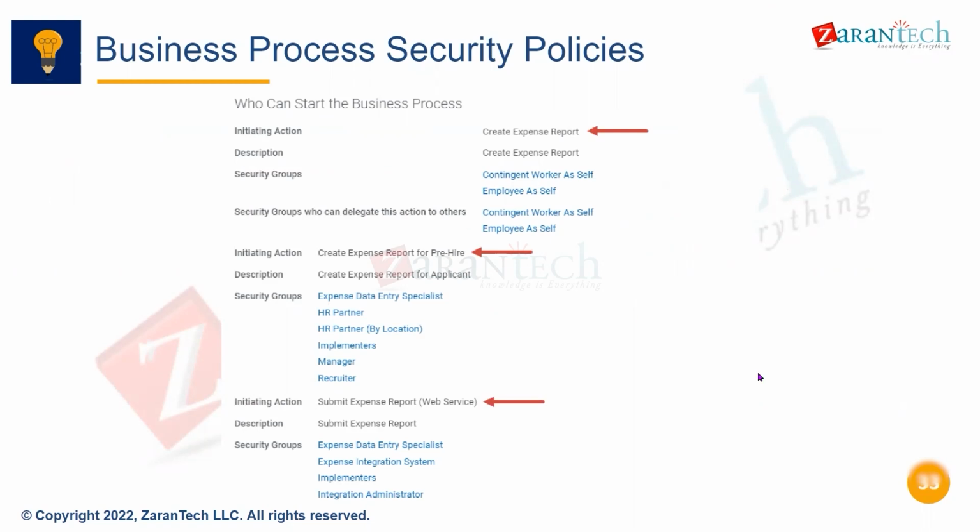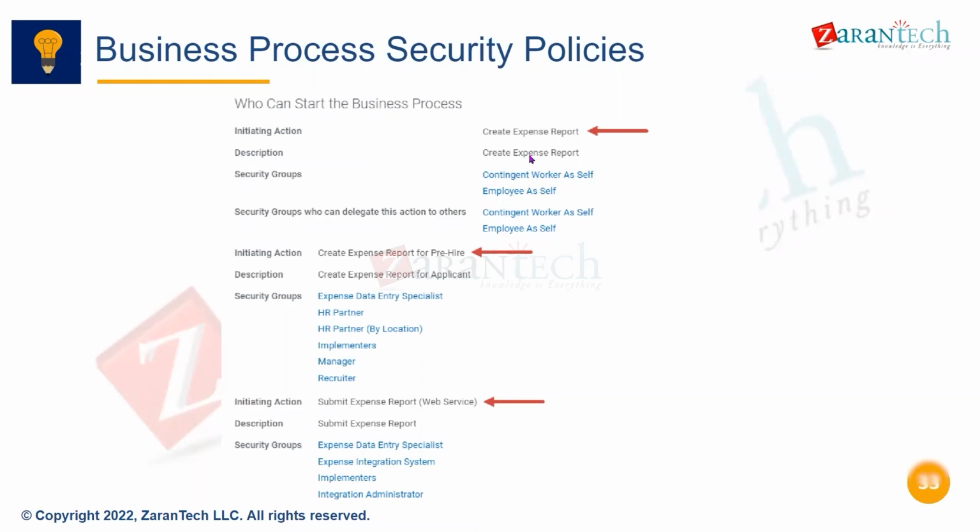Yeah. And this is all about business process, for example, create expense report. If you can see here, who can start the business process? We also have the security group defined for that, who can start the business process.